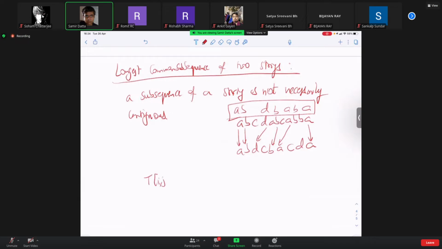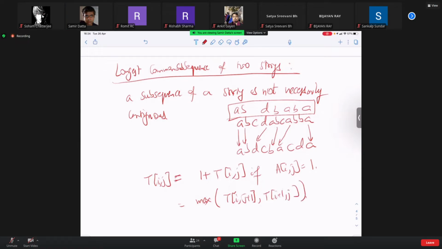So Tij is equal to 1 plus Ti plus 1, J plus 1 if Aij is equal to 1, else equal to max of the neighbors.